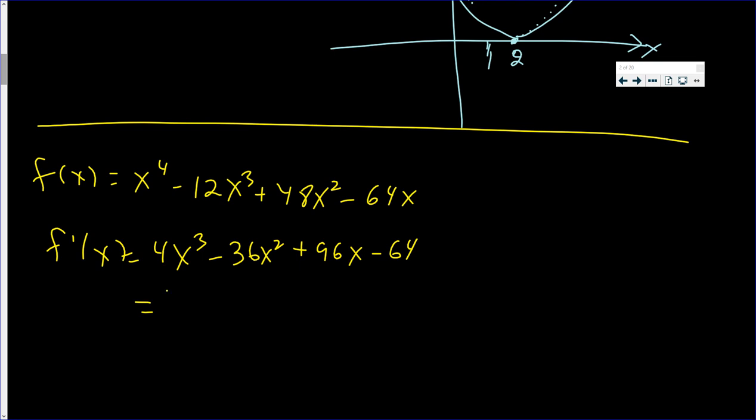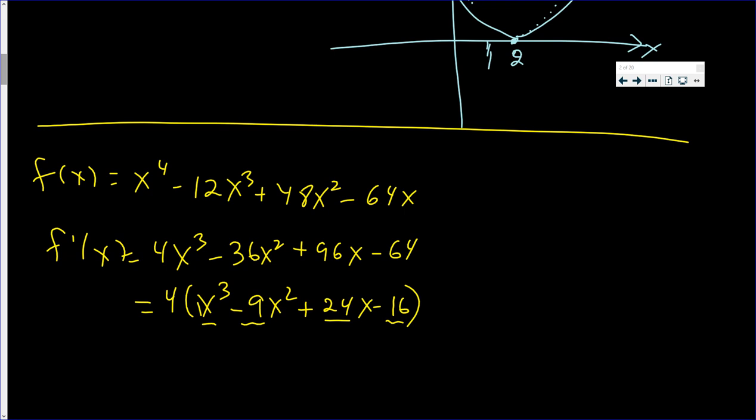Can factor out a 4. We get x cubed minus 9x squared plus 24x minus 16. And you can use the rational root test, but I noticed that 1 plus 24 is 25, and that negative 9 minus 16 is negative 25.